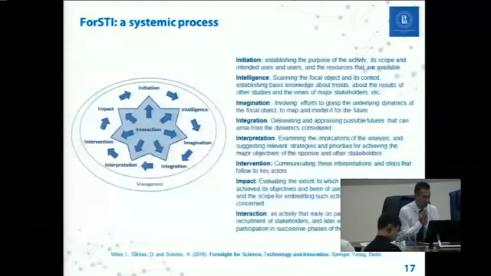So the methodology proposed here consists of 7+1 I's. It begins with initiation of the activity, establishing the purpose of the activity, its scope and users, and then beginning to engage them. Then there is intelligence gathering about the future, scanning environments, and looking at trends, drivers of change, wildcards, weak signals, and all the other factors.